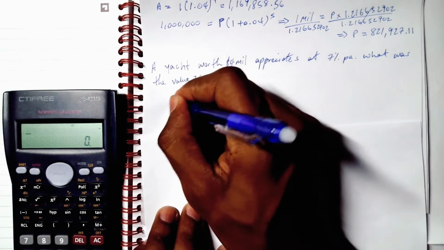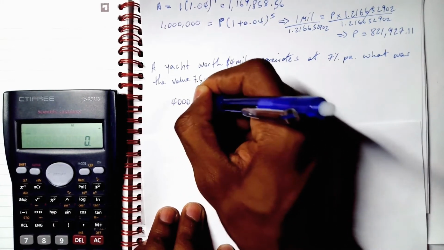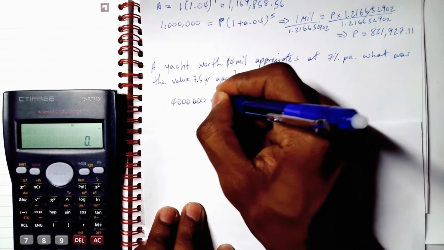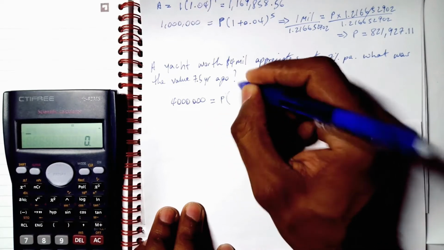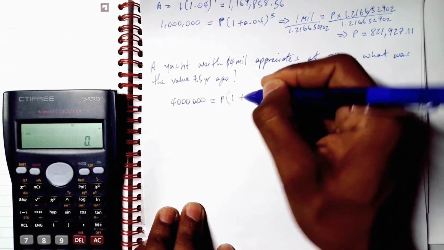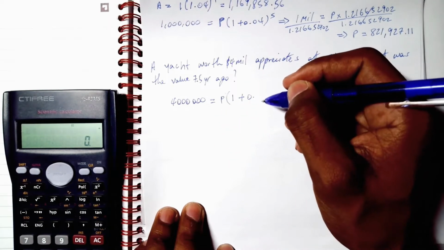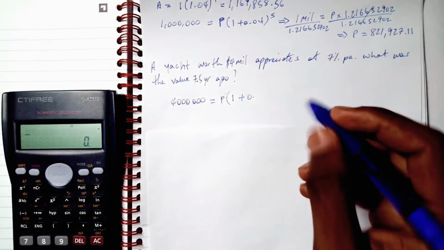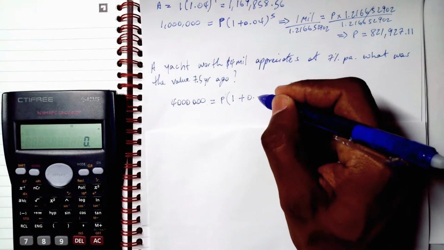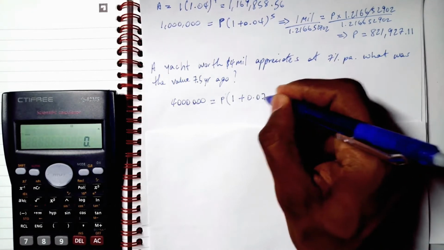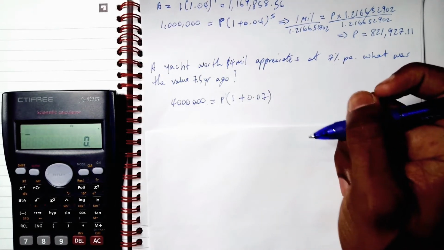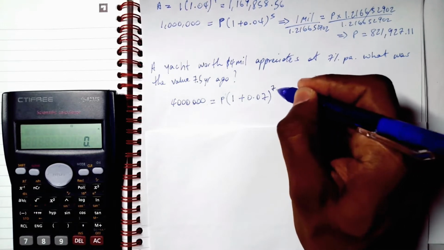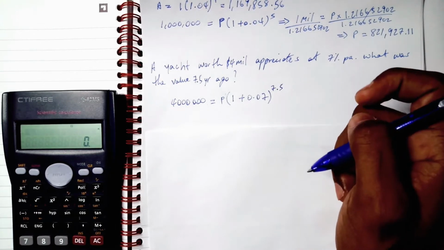So the setup will be 4 million is equal to P multiplied by 1.07 raised to the power of 7.5.